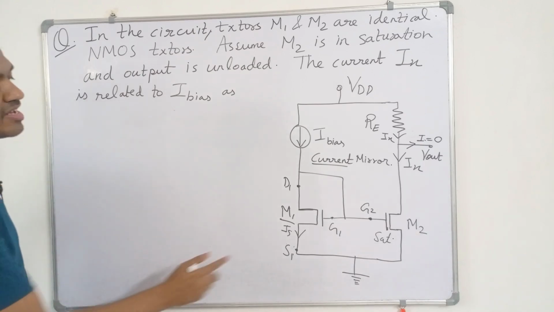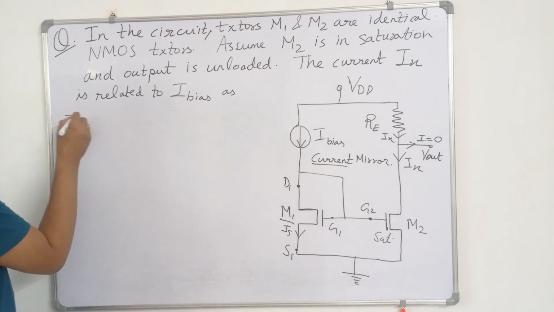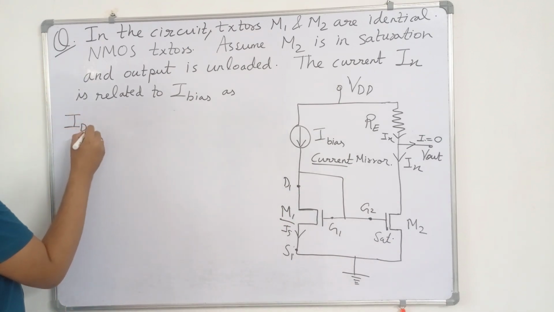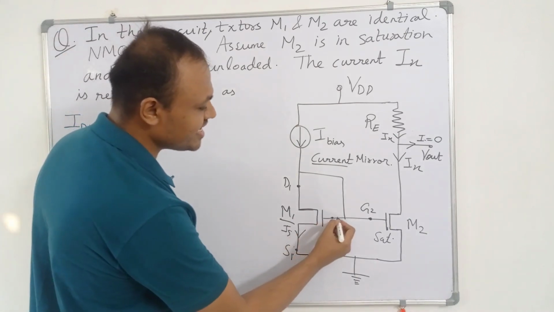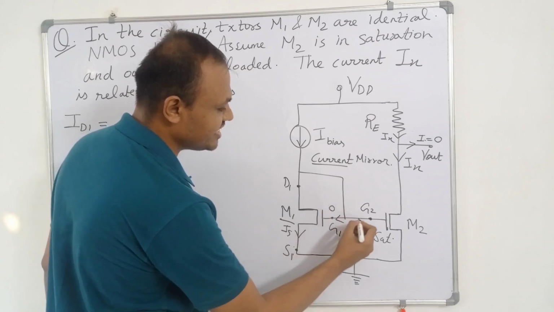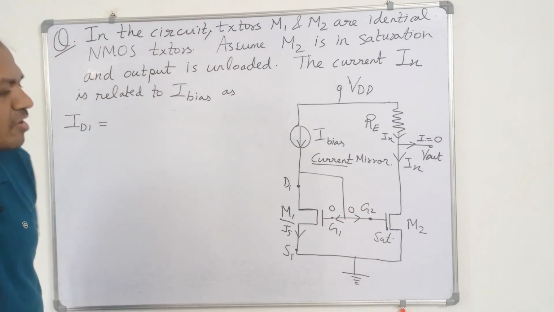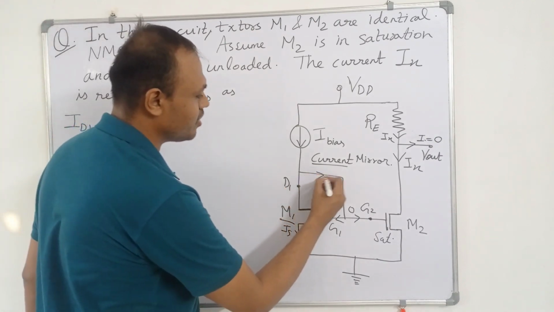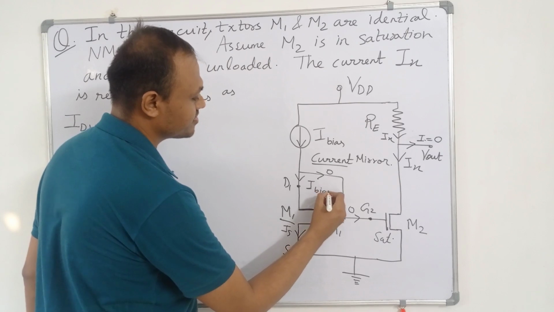Now if we write the equation of drain current for MOSFET 1, then we can say ID1, and obviously the gate currents are 0. In a MOSFET the gate currents are always 0. So this current will be equal to I bias only.